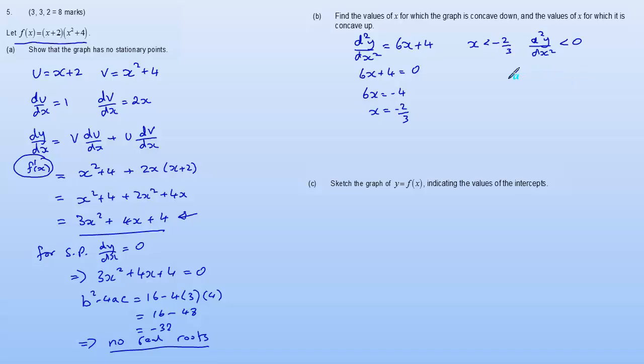And we know that that means it's this shape, so that's concave down. When x is more than negative 2/3, just try something like 0, d2y dx squared is positive, which means we have this type of shape here. So that is going to be concave up.